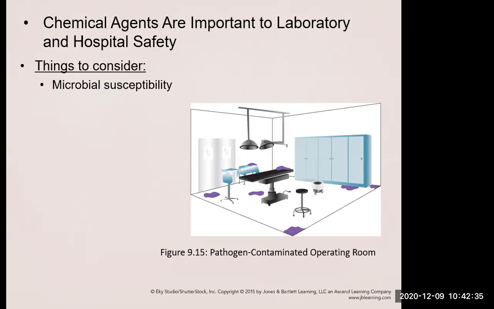All right, so some stuff to consider. If we're gonna use a chemical agent to clean an environment, we wanna know that that agent will get rid of whatever microbe we're trying to get rid of, right? So organisms have different susceptibilities, and we want to target that susceptibility.